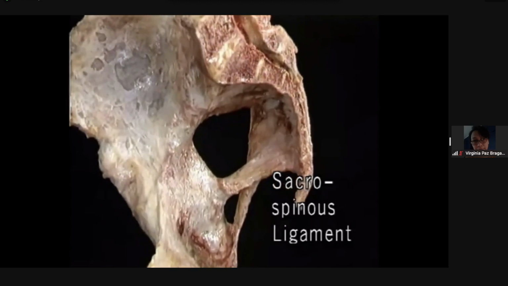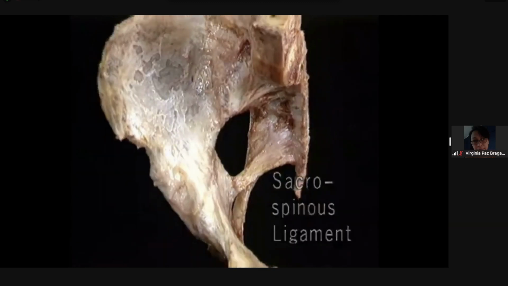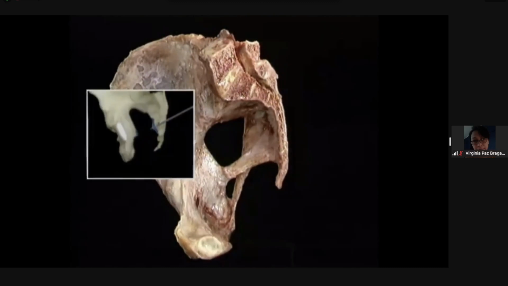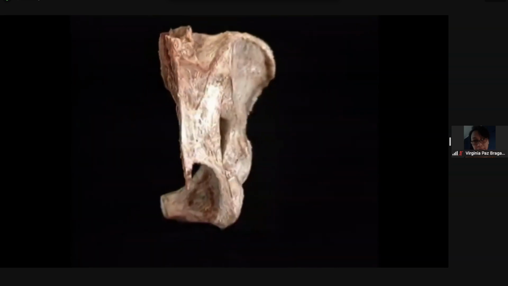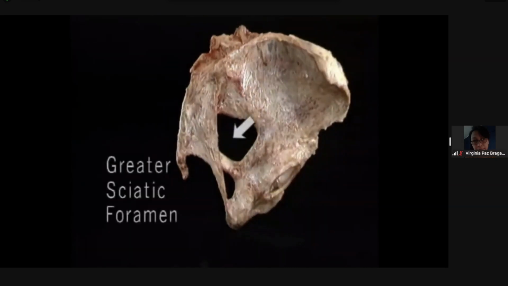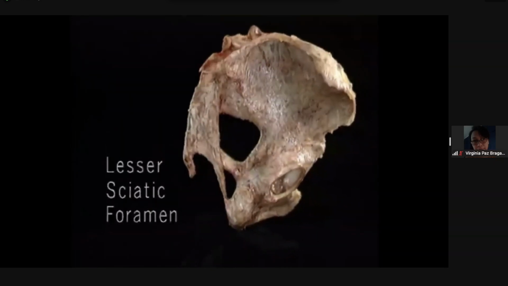The sacrospinous ligament lies in front of the sacrotuberous ligament and medial to it. It goes from here on the edge of the sacrum to here on the ischial spine. These two ligaments divide the gap between the sacrum and the ischium into two openings, the greater sciatic foramen and the lesser sciatic foramen.